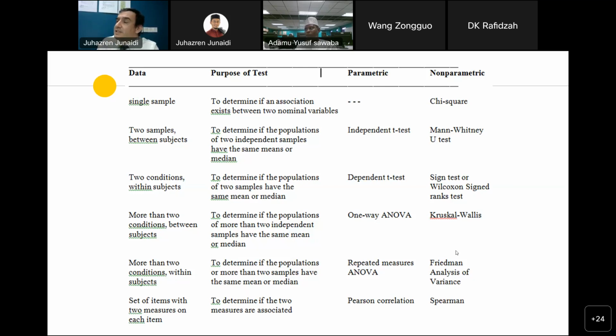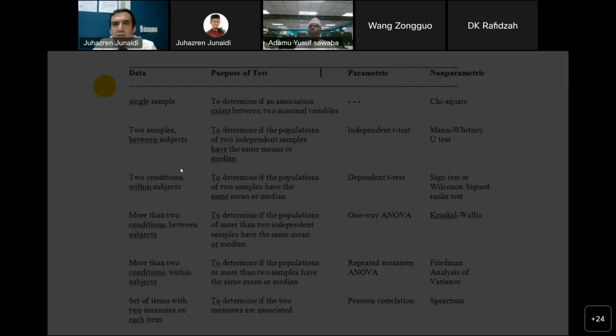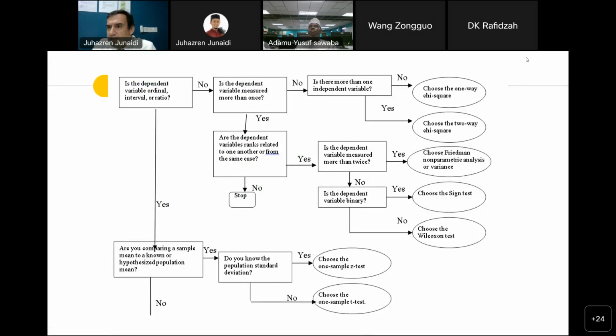If the result is non-significant, it will still be non-significant, whatever you use. What if it's significant, right? If it's significant, it will be significant in the counterpart.